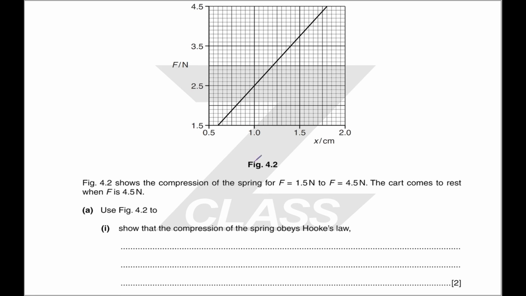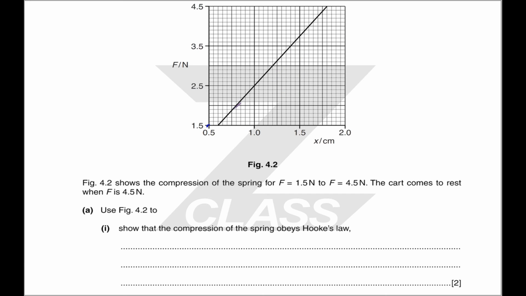Yep. So what we want to do is A, show that it has a constant gradient. B, we want to show that it's going to go through the origin, right? So the origin, the 0, 0, isn't on this graph. We've plotted our axes starting from 0.5, 1.5, as we can if we so desire.